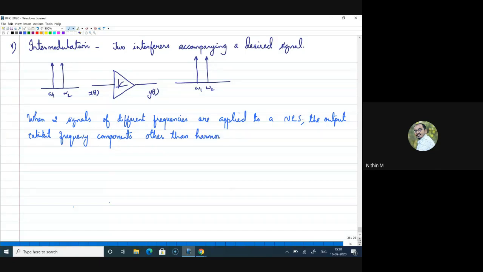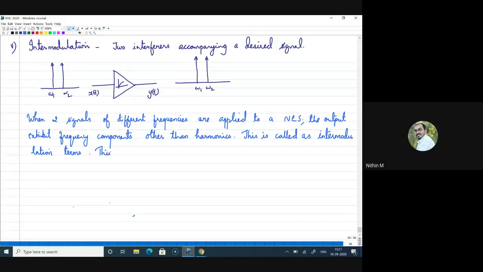These terms are called intermodulation terms. Now basically how does this arise?